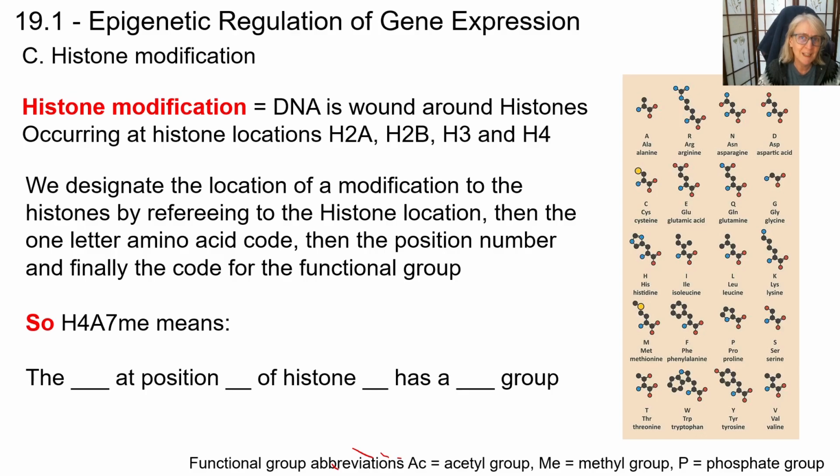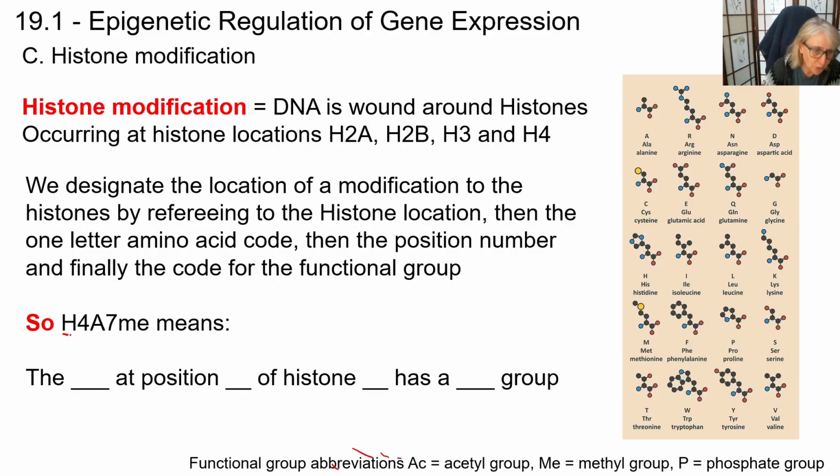So when we name where we are modifying something, we have to talk about what histone is involved. I need to talk about what amino acid is actually being modified, and then the position number of that, and finally a little code for what functional group was added.